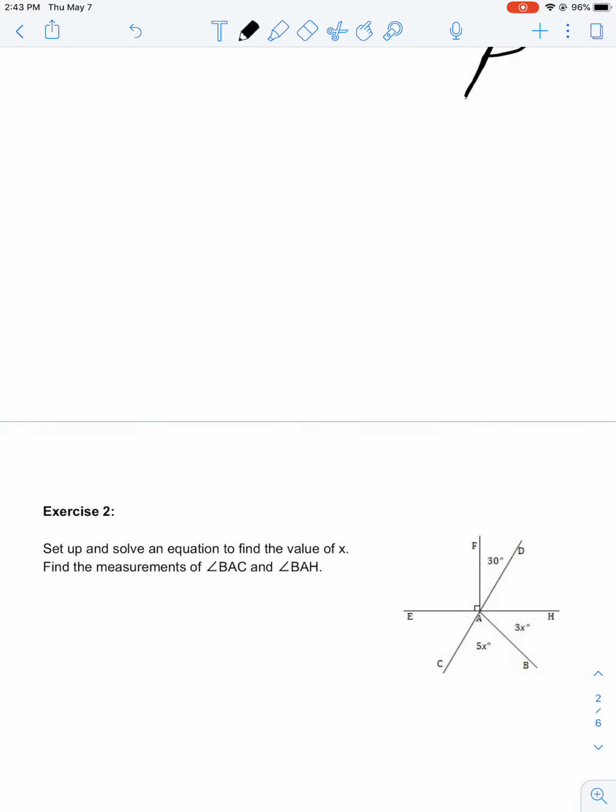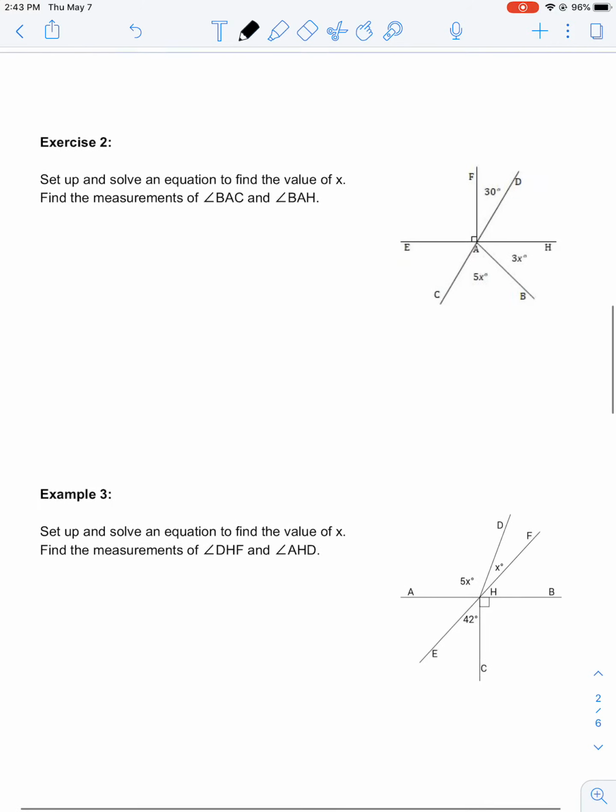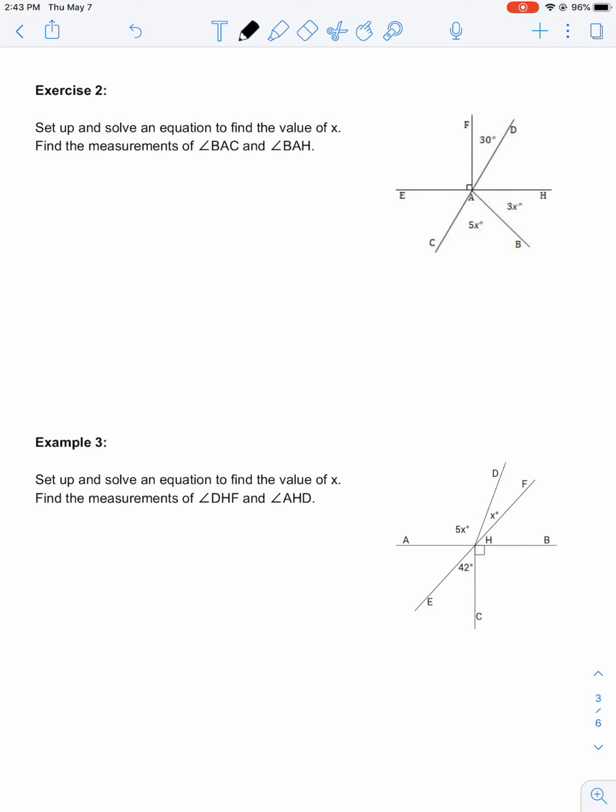Our next exercise, exercise 2, we are going to not only find the value of X, but we also have to find the value of BAC and BAH. So in order to do this, we have this angle here, this angle here, which are vertical angles, here and here.